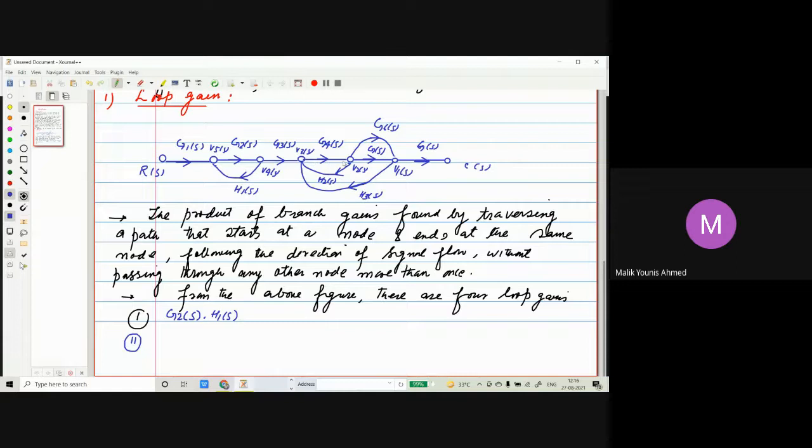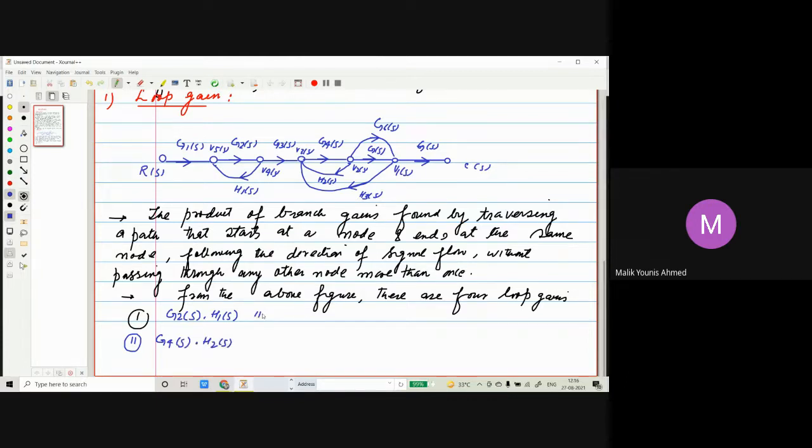Yes, you are not encountering any node more than once, and you exit at the same node. So the second is G4 of S into H2 of S.